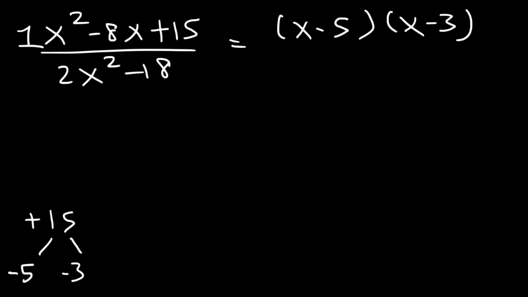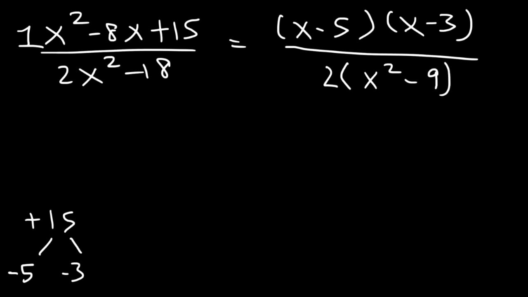Now what about the bottom? What should we do? It looks like a difference of squares situation, but the square root of 18 is not going to be a nice integer. However, we can take out the GCF, which is 2. 2x squared divided by 2 is x squared, and negative 18 divided by 2 is negative 9. Now we can use the difference of squares technique.